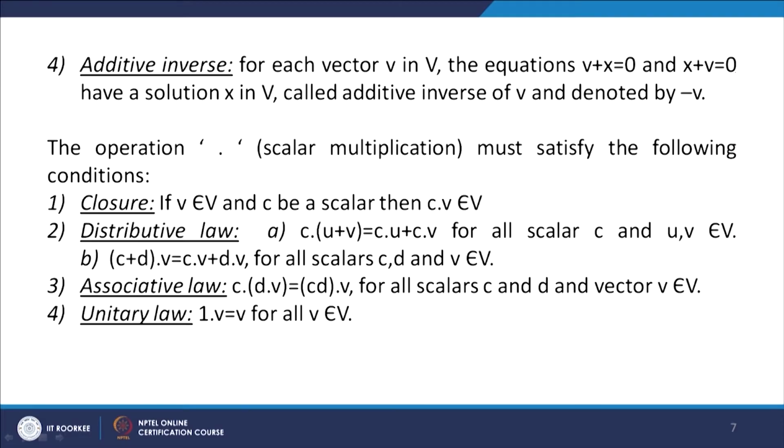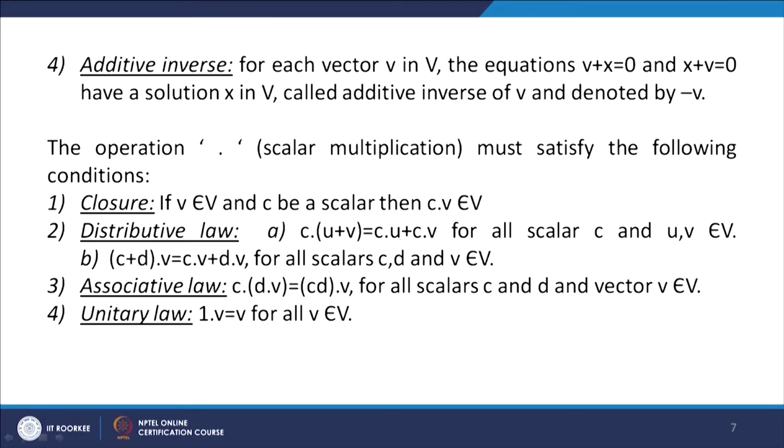So the additive inverse exists in the space B, and we have already seen that if b is a solution of the homogeneous system, then c times b is a solution of the homogeneous system. So the closure property holds. Then the distributive law, c dot (u plus b) equals c dot u plus c dot b, clearly holds if u and b are any solutions of the system x dot equals Ax and c is a scalar.